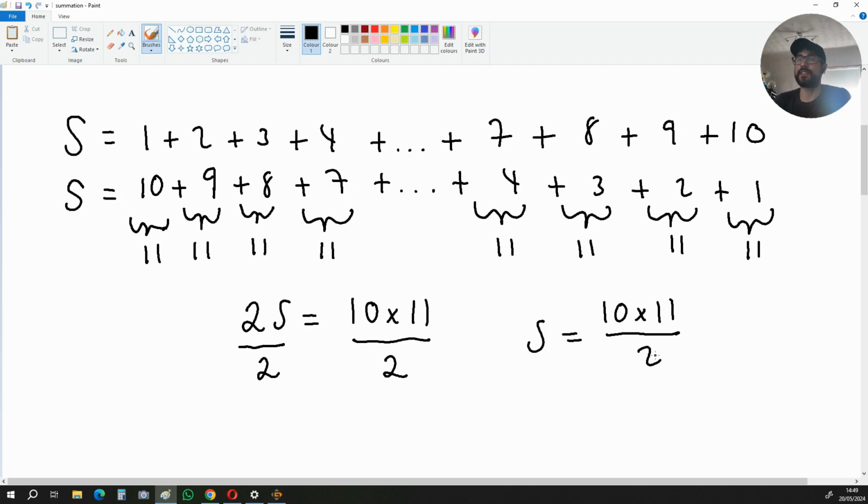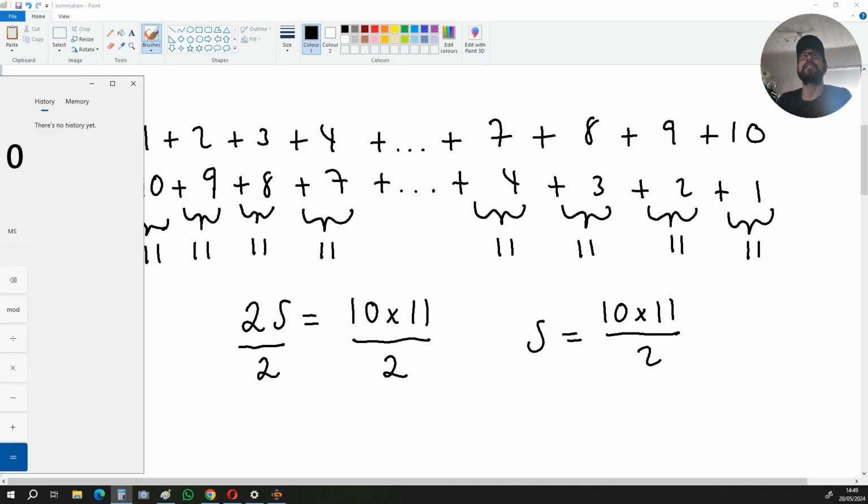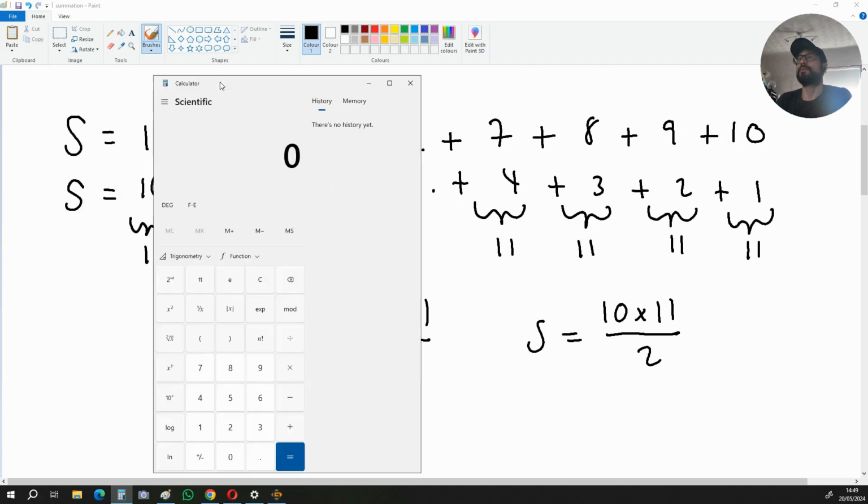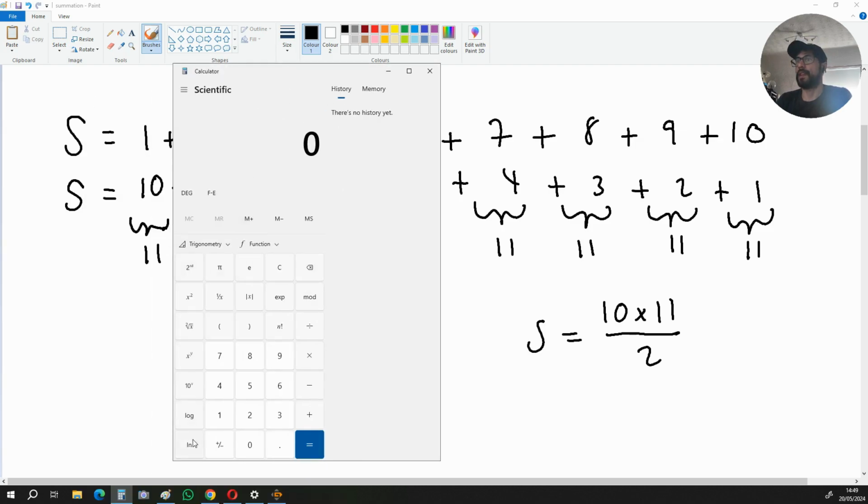Let's see if this is true using a calculator. We're going to go 1 plus 2 plus 3 plus 4 plus 5 plus 6 plus 7 plus 8 plus 9 plus 10. We'll hit execute, and that should give us 55.